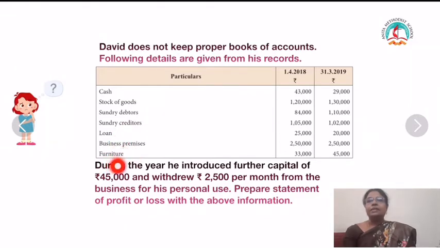So all these items are given for 1/4/2018 and 31/3/2019. So during the year, he introduced a further capital of rupees 45,000 and withdrew rupees 2,500 per month from the business for his personal use. Prepare statement of profit or loss with the above information.